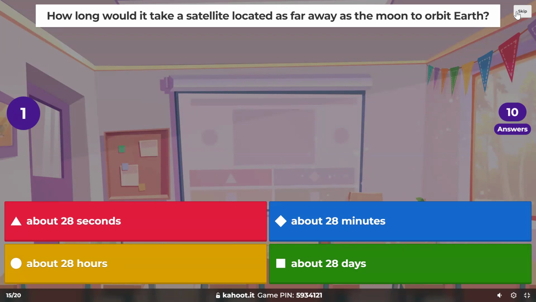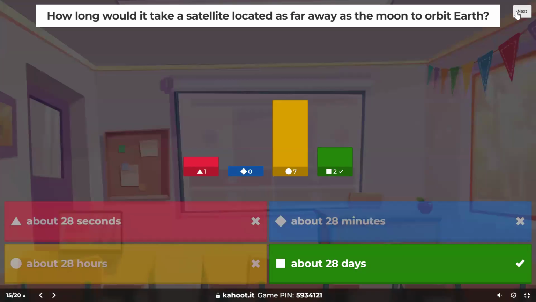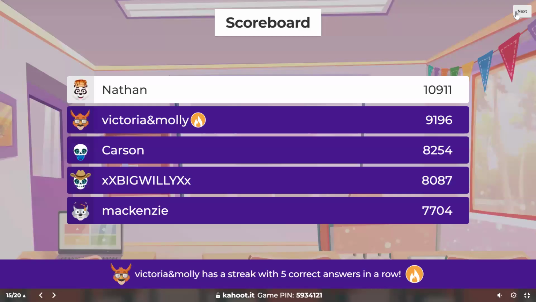Well, how long does it take the moon to go around the Earth? 28 days, right? Guys, moon, month. Moon and month come from the same root word, right? It takes the moon 1 month to go around, 28 days. If there's a satellite out there that has a different mass, the mass of the satellite doesn't matter. Right? Same time.